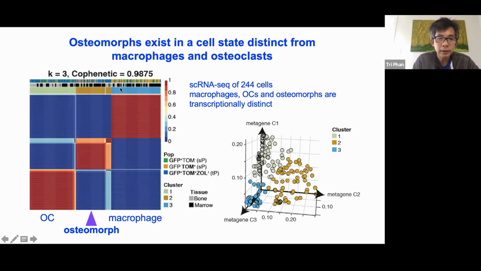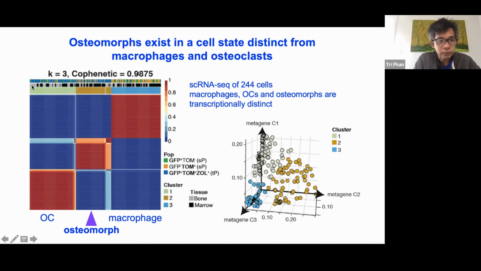So you have these cells coming from this population here, which are largely made up of cells coming from the marrow, but also from the bone. And these are largely either red or green cells. So these are the single positive cells. So we think these are the monocyte macrophage precursors that then go on to form the osteoclasts.